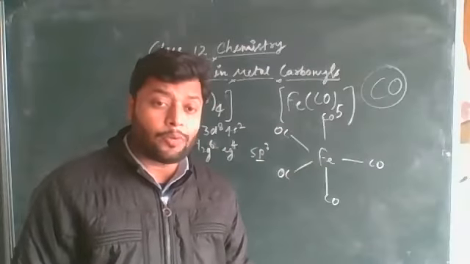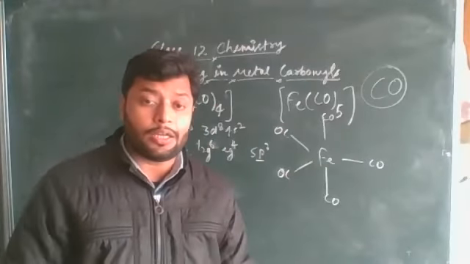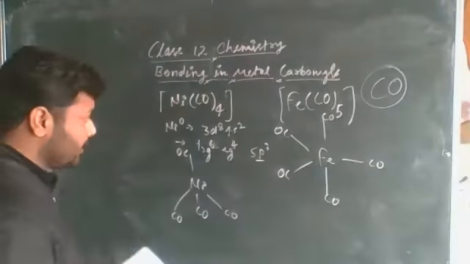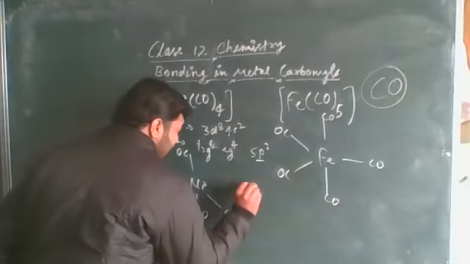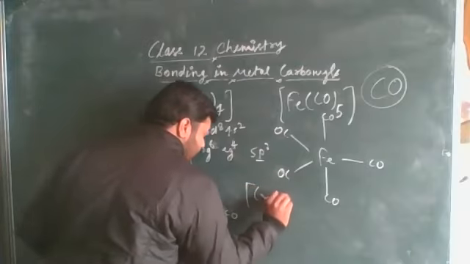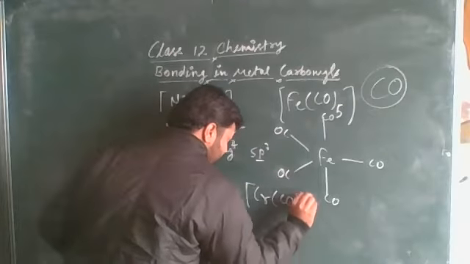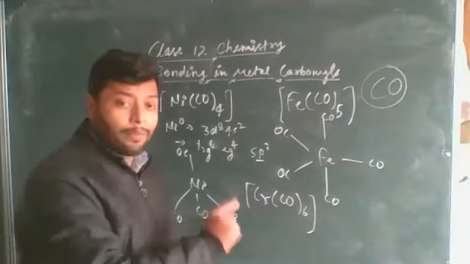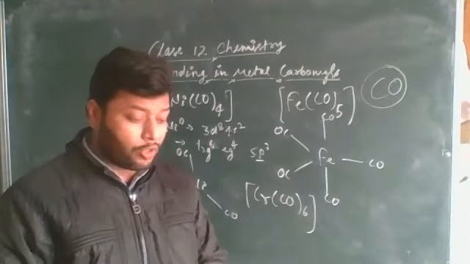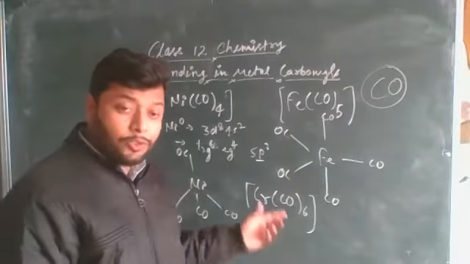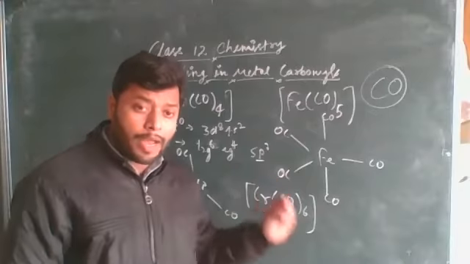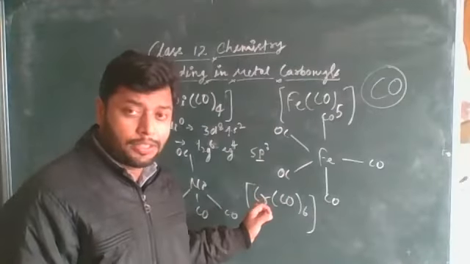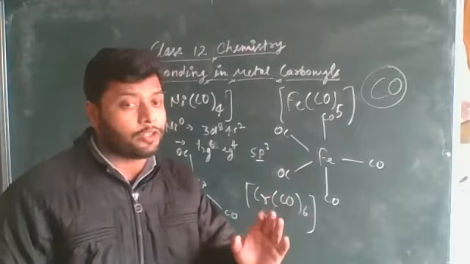The complex formation of chromium with carbon monoxide has coordination number 6. So the complex is like this: hexacarbonyl chromium, the name of the complex. As you know, no matter what the hybridization is, in the case of coordination number 6 the geometry will always be octahedral.